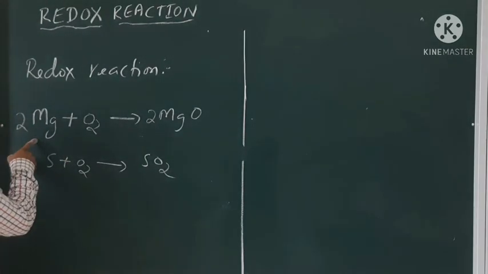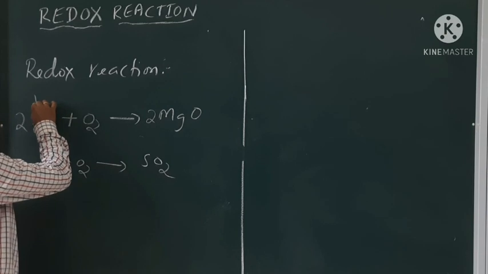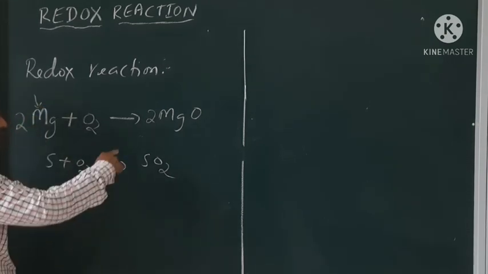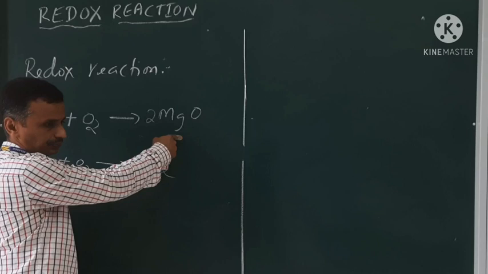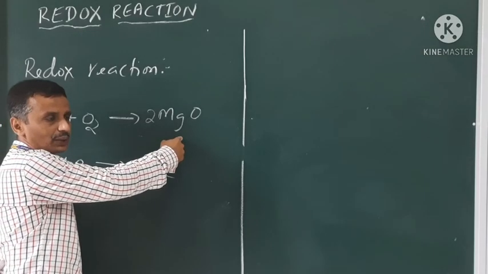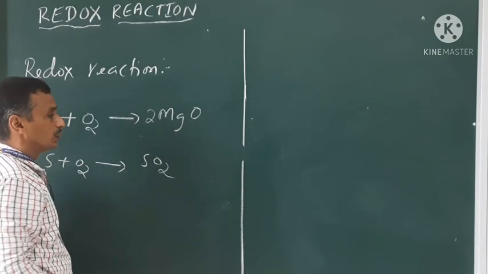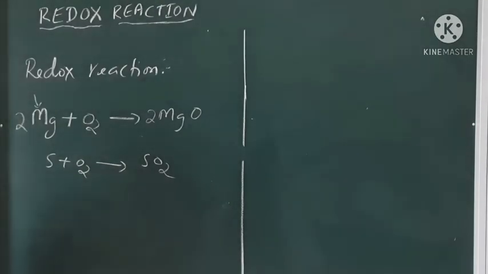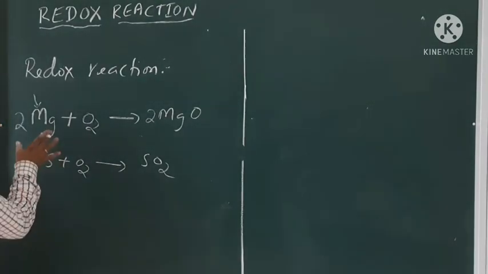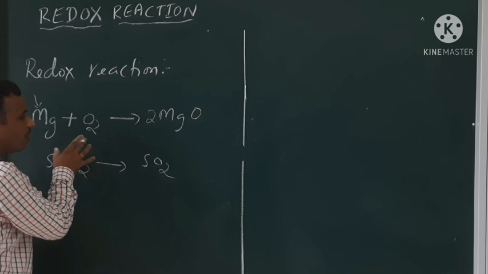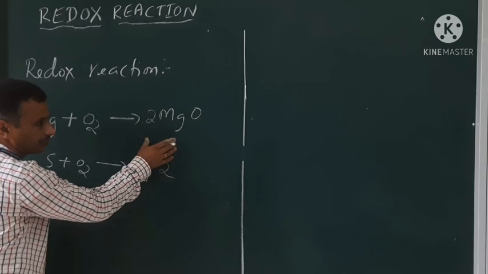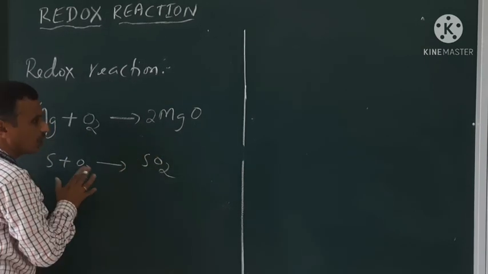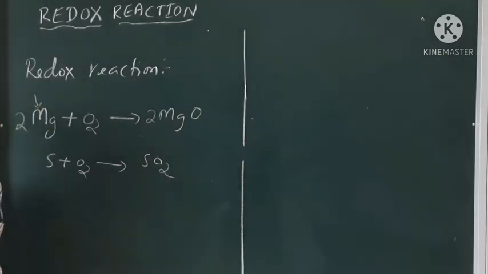So what's happening here? To the metal magnesium, oxygen got added, and I am going to get magnesium oxide. So, in this reaction, magnesium got oxidized. Sulfur got oxidized into sulfur dioxide.